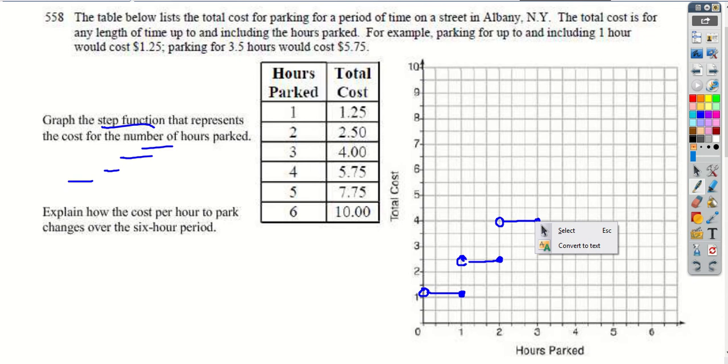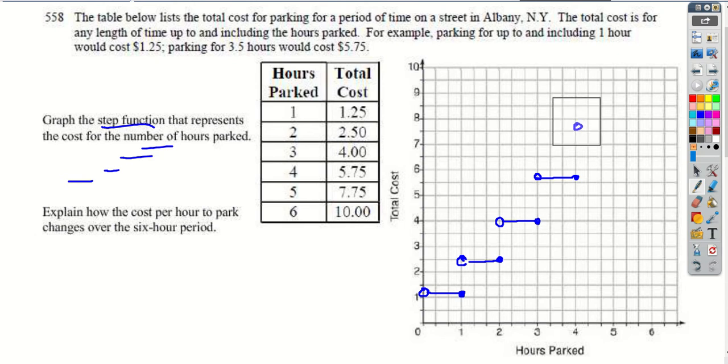Okay. And then once I go a second beyond 3, it's essentially $5.75. So open circle there. Line over to the next hour. Close circle. Once again, if I go just beyond a minute or a second over 4 hours, it'll cost me $7.75.